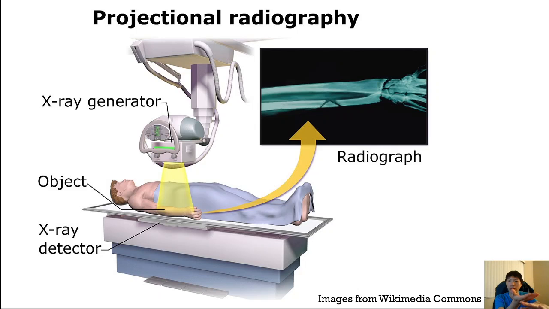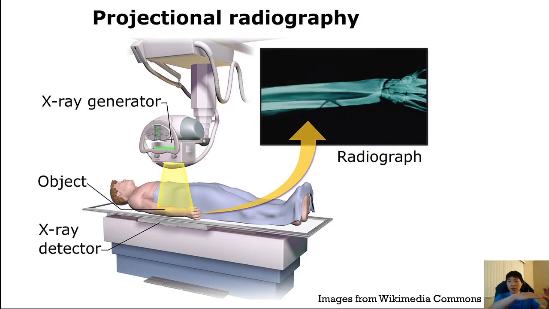Those are the X-rays that pass right through your hand and then get detected by either the photographic film or the X-ray detector. And so the whole thickness of your hand gets projected down onto a two-dimensional image. That's what we mean by projectional radiography.